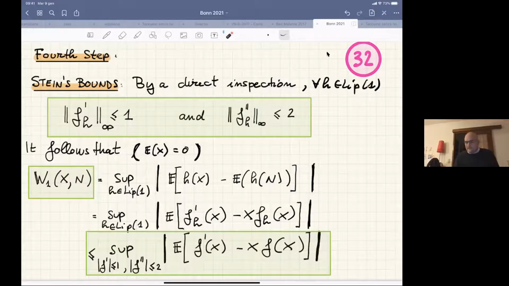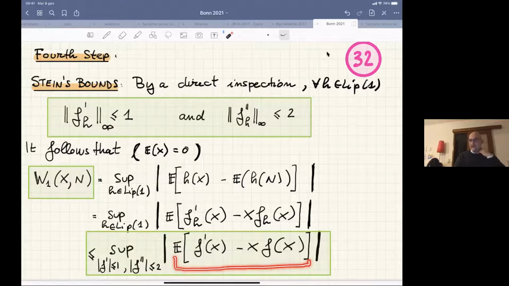So why is this remarkable, and why are we in a better position than we were before knowing Stein's method? The first point is that we started with an expression that involved two random variables, x and the target random variable N, and at the end of the day, we ended up with an expression that only involves one random variable, the random variable x.